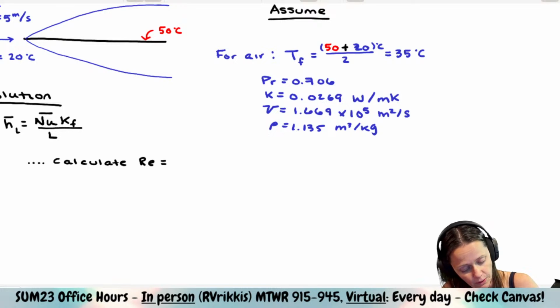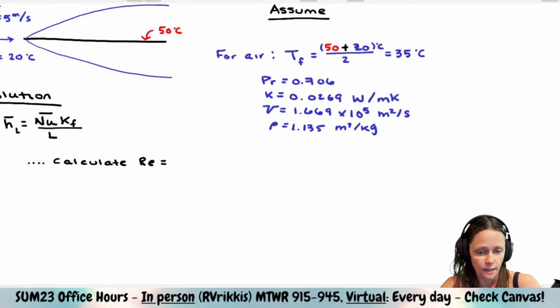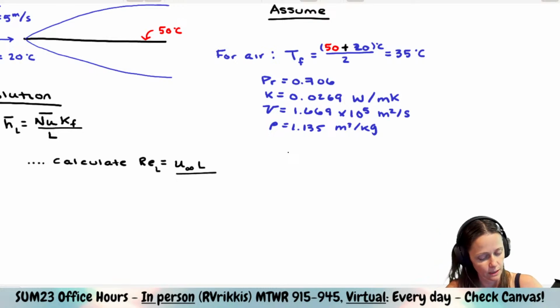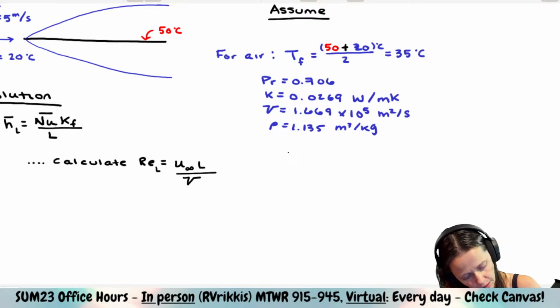All right, so my Reynolds number. I've got my kinematic viscosity. So it's going to be my U infinity times L, so this is my Reynolds number at x equals L, over my kinematic viscosity.